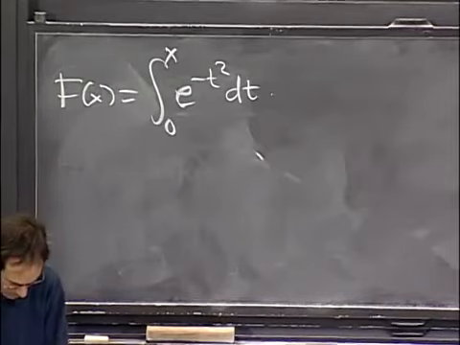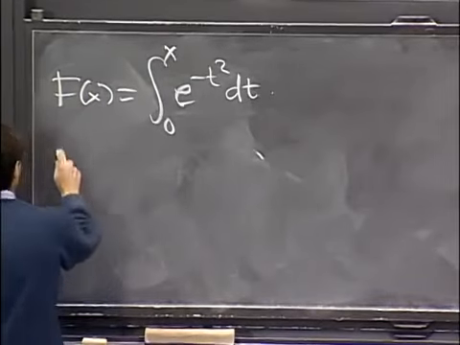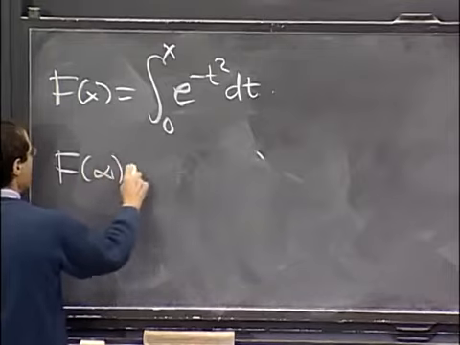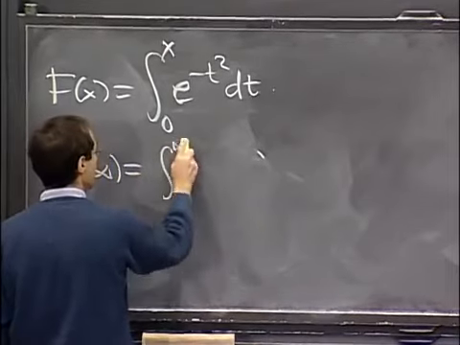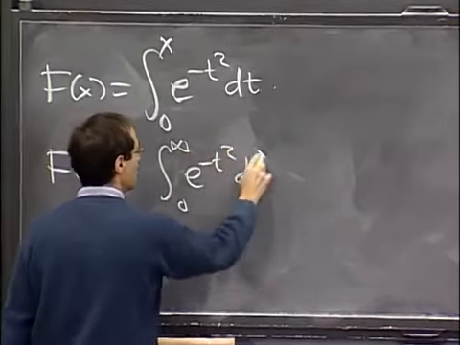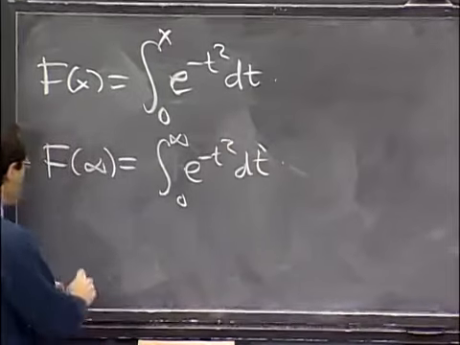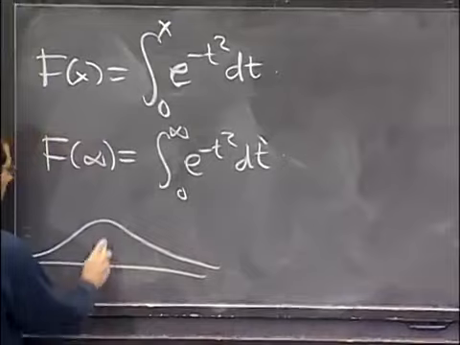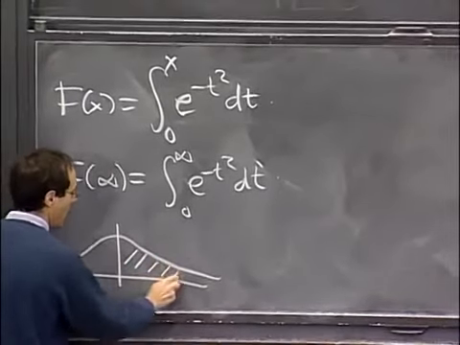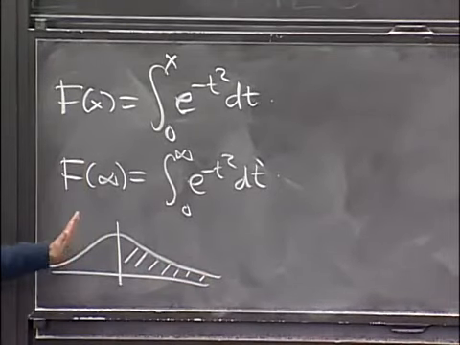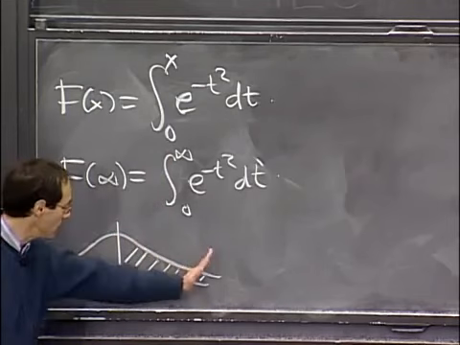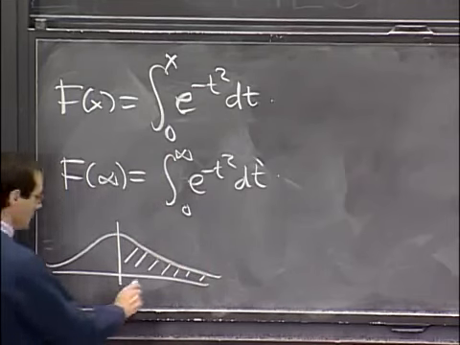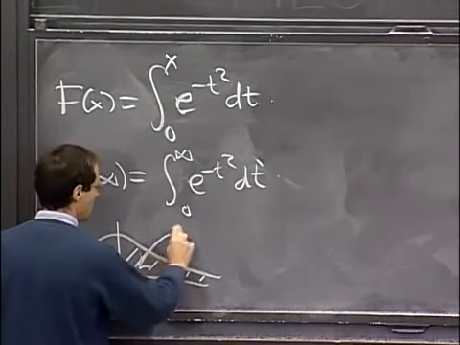And then we were interested in the value at infinity, which, if you draw a picture of it and you draw the same bell curve, is the area under half of it. That's the area starting from 0 and going to infinity. That's the area under half. So this chunk is f of infinity.